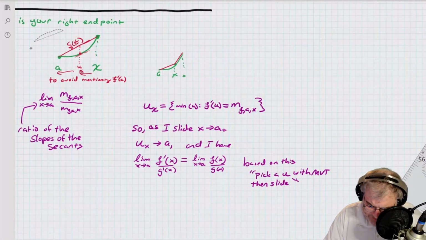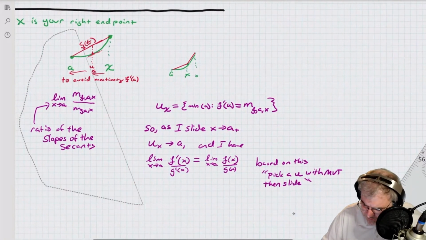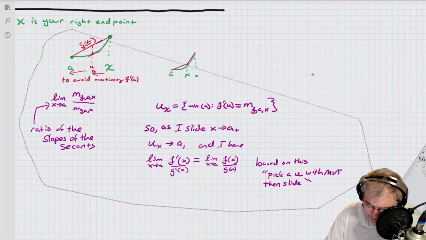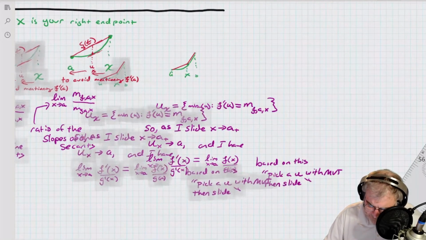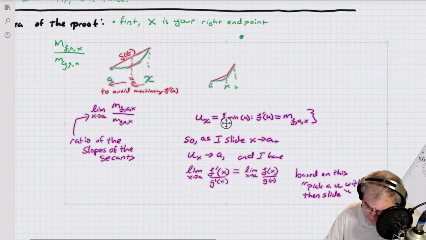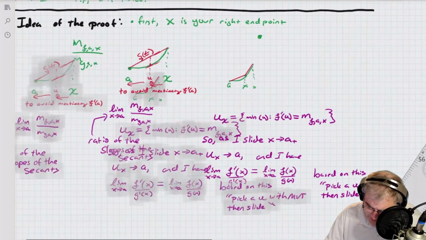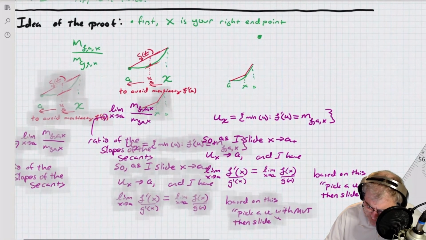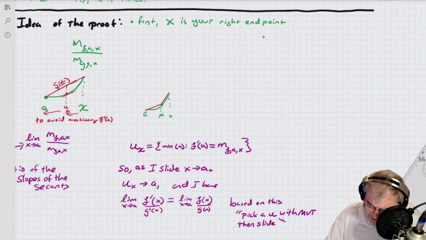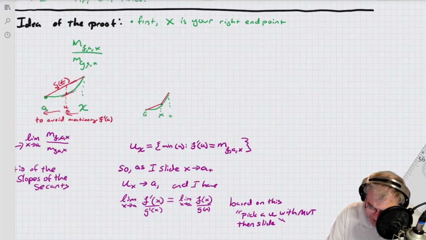It needs animations. I need to go get the computer and animate this trick. But that's the idea in broad strokes: I take the ratio of these secant lines and then I do some little sliding with the MVT. And as I said, if you want the proof, you can see it in the back.